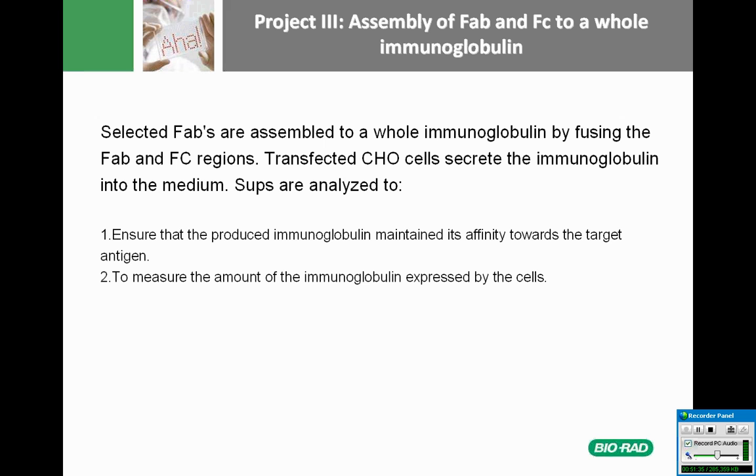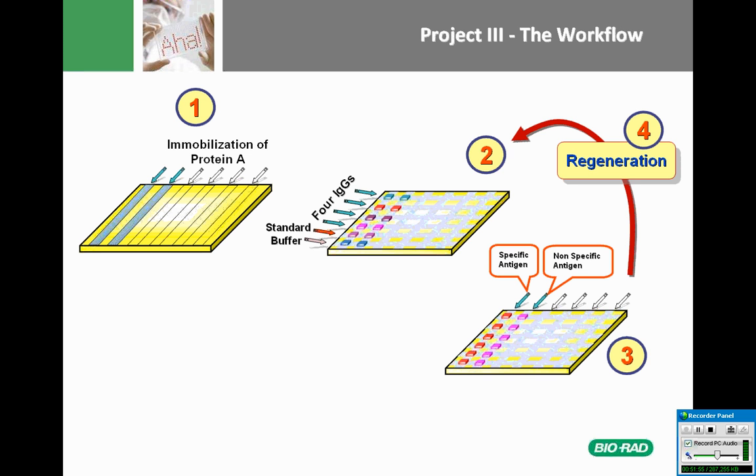The second goal is to measure the amount of immunoglobulin expressed by the cell. Because the entire immunoglobulin can have an excellent affinity, but if it expresses very low amounts of the antibody, this clone cannot be used for further expression and for purification of the antibody.